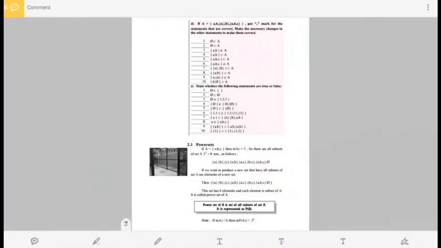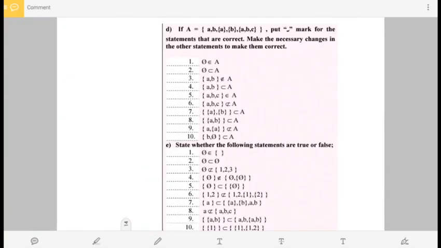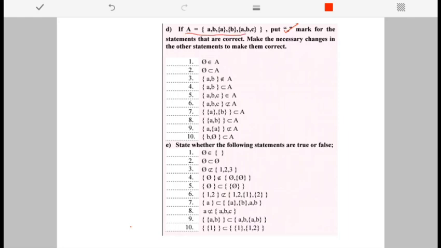Okay, that's it. Finish. Here for letter D, you have to write the symbol, or you mark check if the statement is correct, and you have to make necessary changes to make the statement correct if it is not correct. So for number one, the given set A is the set of A, B, and C. Let's make it bigger.